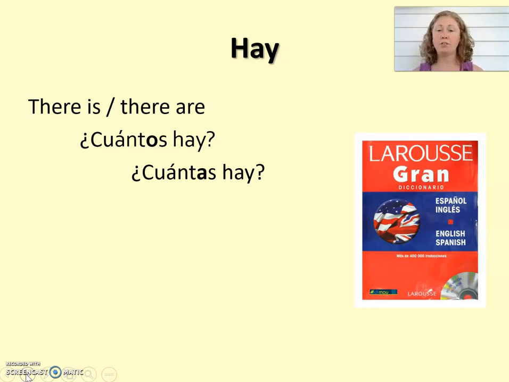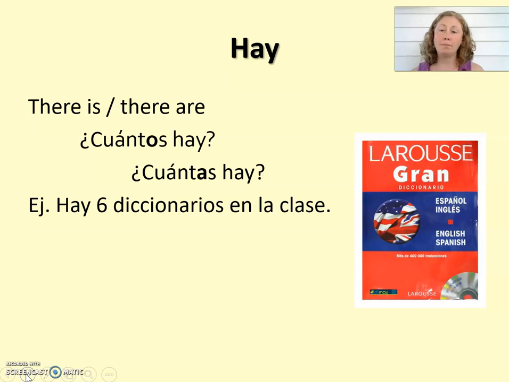So if the objects are masculine, we'll say cuántos hay. And if they are feminine, we'll say cuántas hay. For example, por ejemplo, hay 6 diccionarios en la clase. The question that would prompt this answer would have been cuántos hay, because diccionarios is masculine.